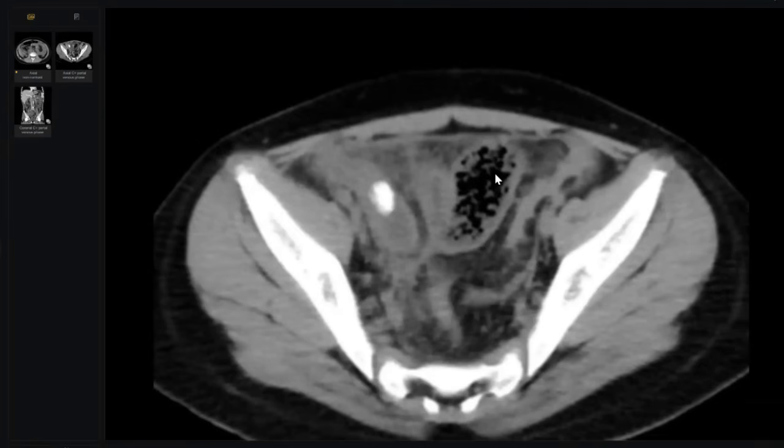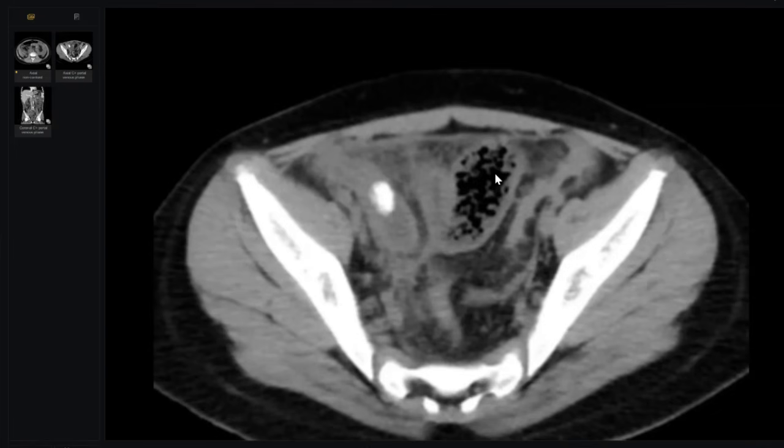So this is likely an inflamed appendix with an appendicolith within it. The lumen is distended, and it has internal fluid that also appears to be slightly hyperdense. I can see marked peripheral perilesional fat stranding, as well as fluid in this region.